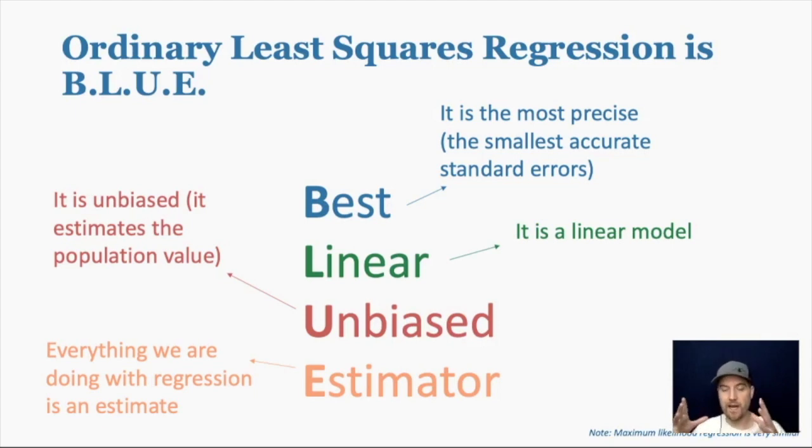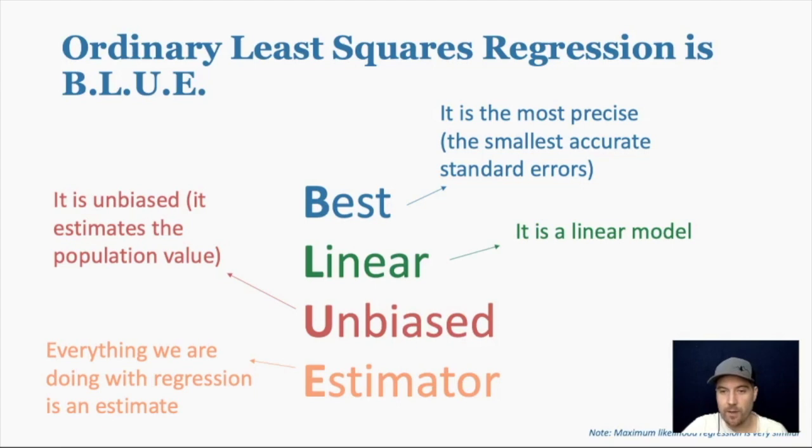It'll tell us the most precise information that it actually can with the data that we have. Linear, it's a linear model, not too shocking there. Unbiased, it's an unbiased estimate, so it estimates a population value. And estimator, everything that we're doing in regression is some form of an estimate. So it's the best linear unbiased estimator.